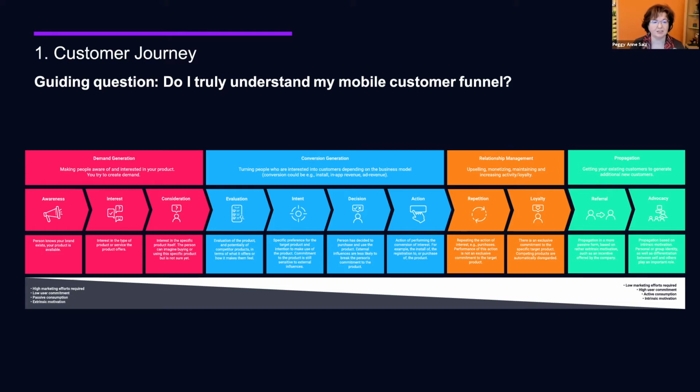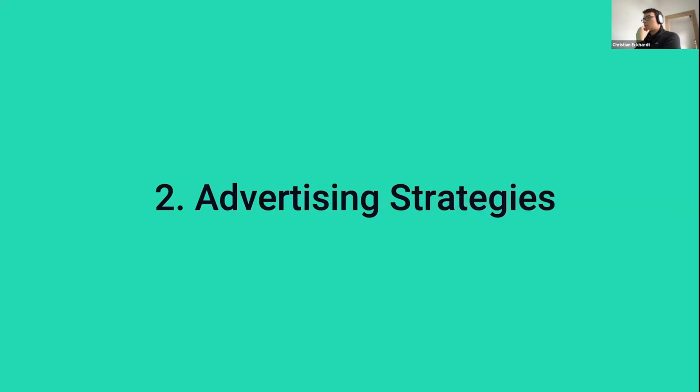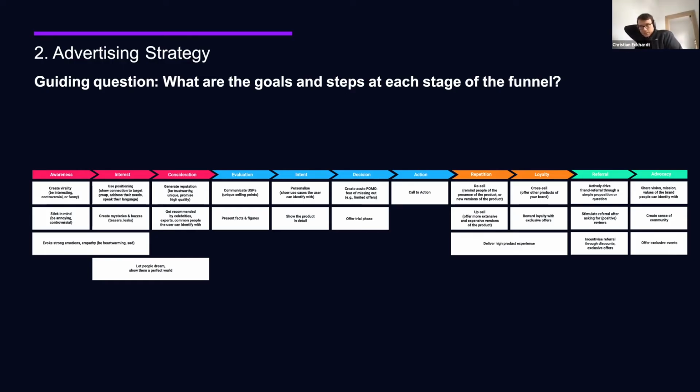Absolutely. So we talked about the marketing effort. Let's talk about the advertising as well. As you can see here, we have then kind of mapped 4 additional categories to this user journey, and the next one that we can talk about is the advertising strategies. So very much mapped to all the steps that we discussed now.